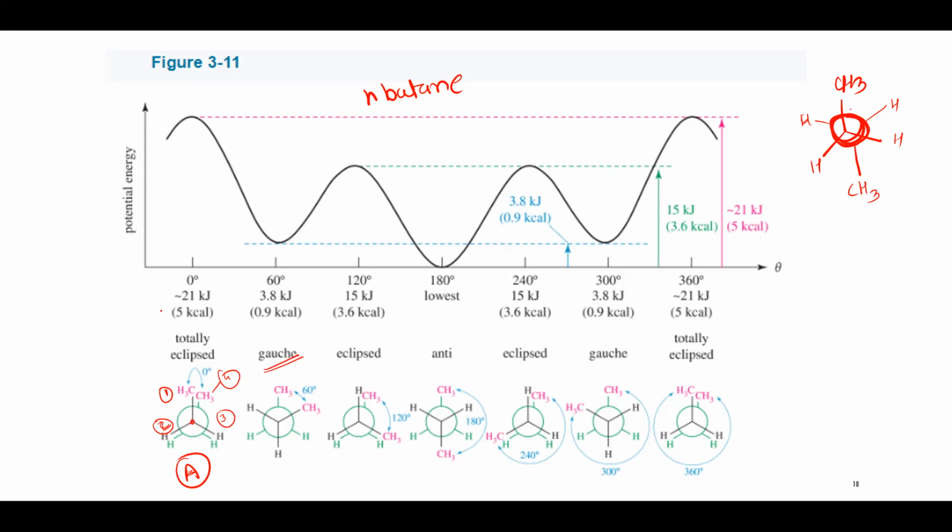That's why the potential energy for this one is 5 kilocalories. And if you rotate the molecule, the carbon-carbon bond between C2 and C3 is undergoing the rotation here.